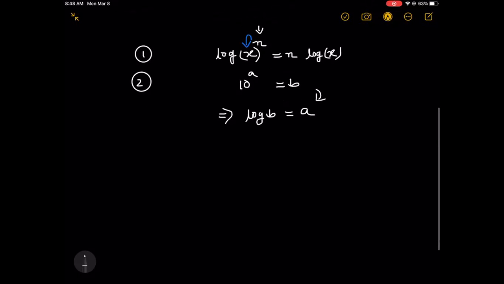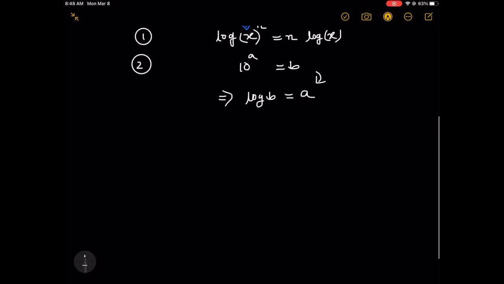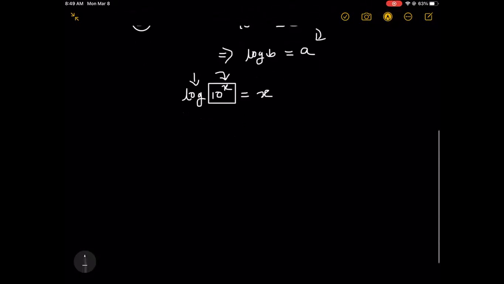Okay, so the property is whenever you have an exponential, if you take logarithm in front of it, that means if logarithm works as an operator, you can straight away write x. Now why is that?